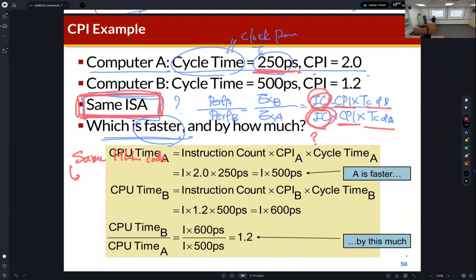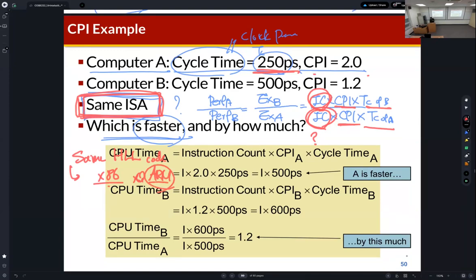So I said it's the same program, the same application, compiled using the same compiler with the same compilation option, for the same instruction set architecture, for example, the same x86 or the same ARM ISA.